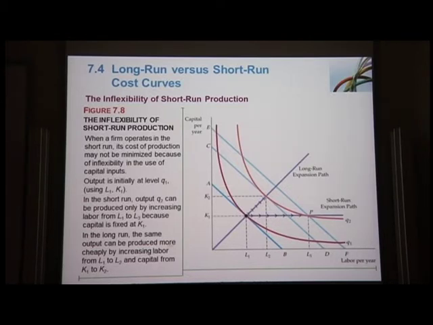So to summarize, in the long run, you can produce Q2 cheaper by increasing labor from L1 to L2 and capital from K1 to K2. If you want to get output level Q2 in the short run, you will have to increase labor from L1 to L3, and then capital remains fixed at K1.